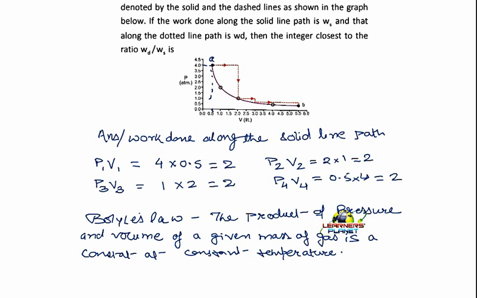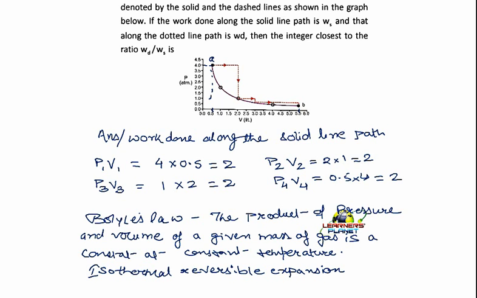Now this is isothermal. Your volume, it was initially 0.5 and now it is 5.5. So it is an isothermal reversible expansion, right?